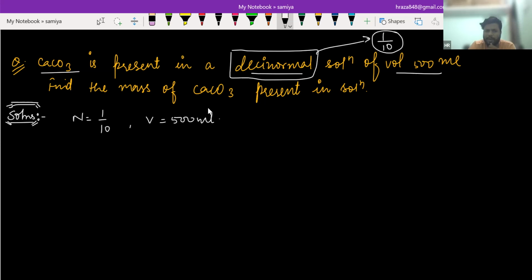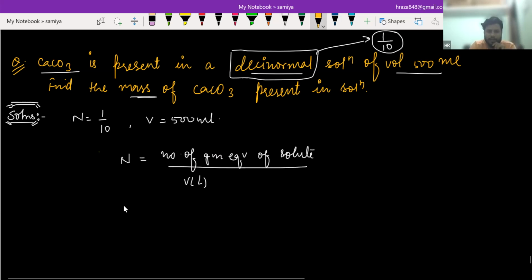What we need to calculate is the mass of CaCO3, but don't go directly to this. Go step by step. Normality is the number of gram equivalents of solute per liter of solution.